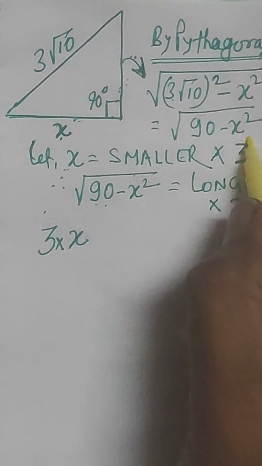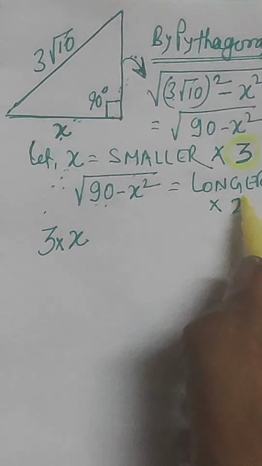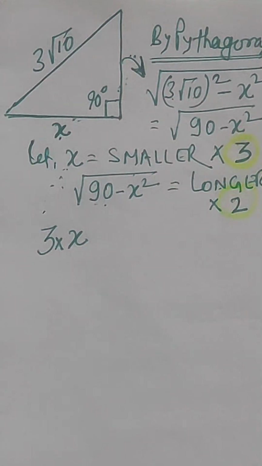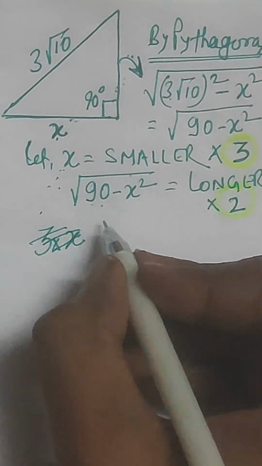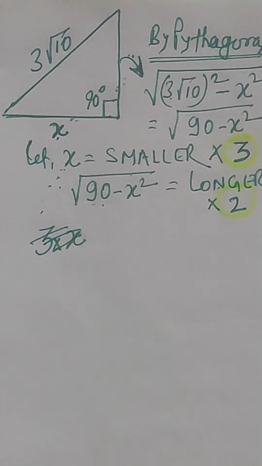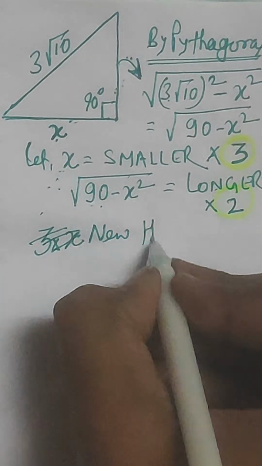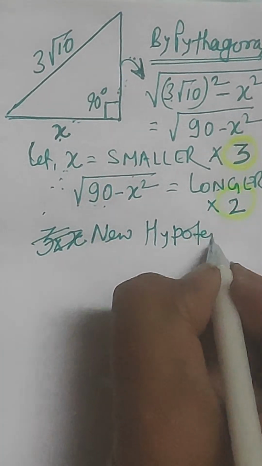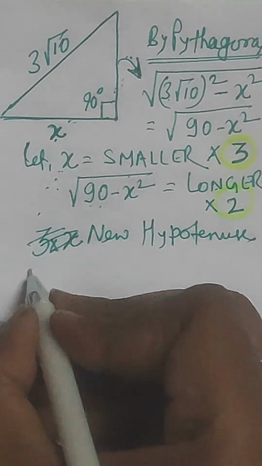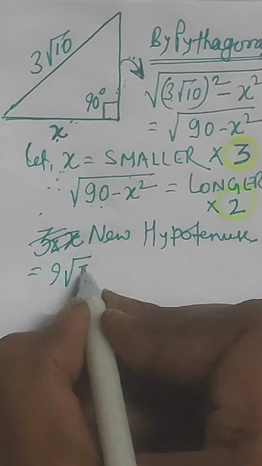Just mind it, this is multiplied by 3 and this is multiplied by 2. Then the new hypotenuse will be 9 root 5 centimeter.